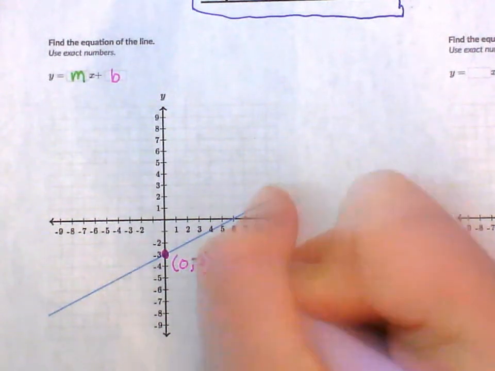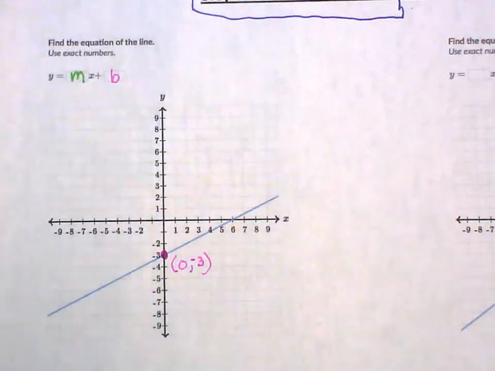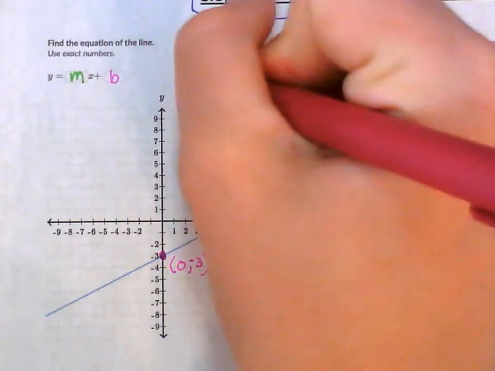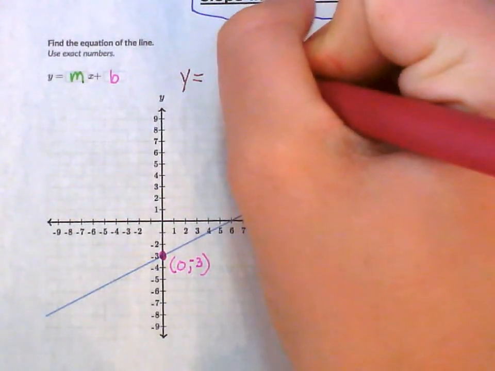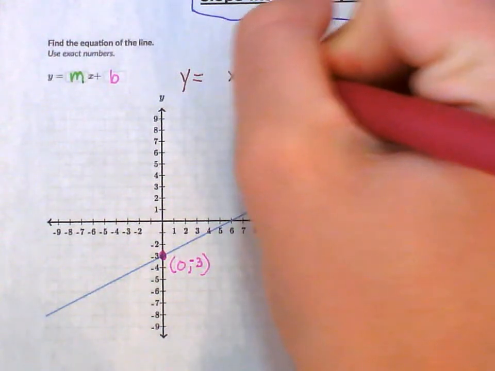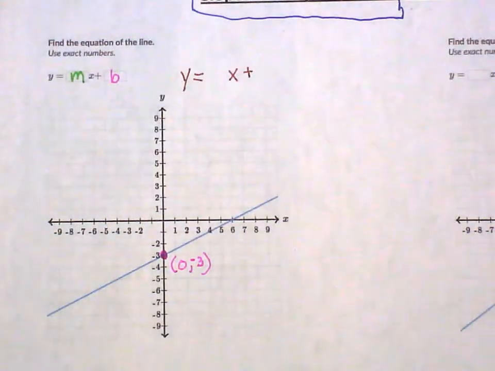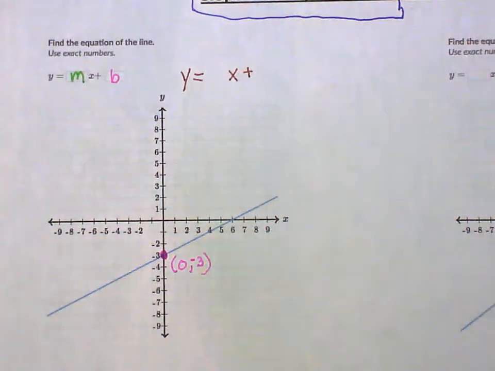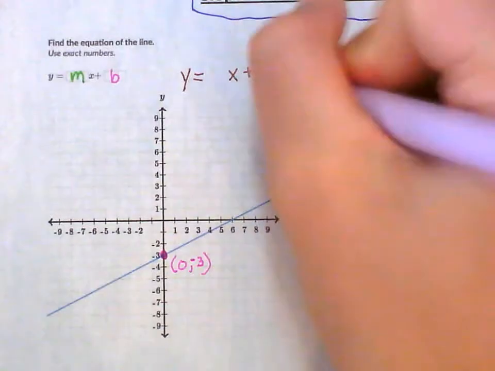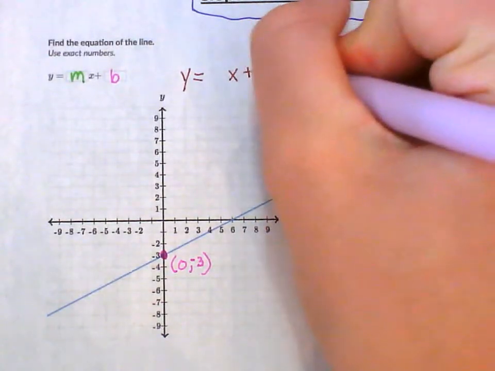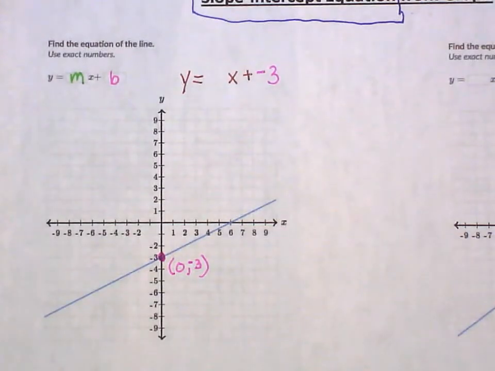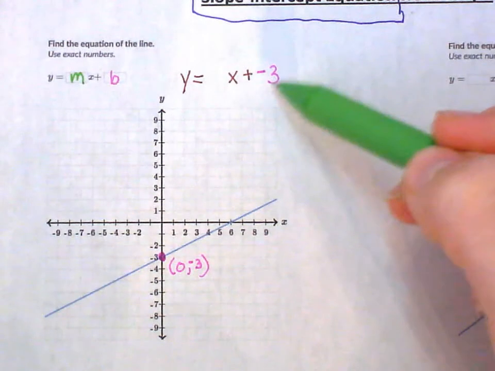And that's how you can confirm it: the x value should always be 0 for the y-intercept. So in the box for b, you would type -3.